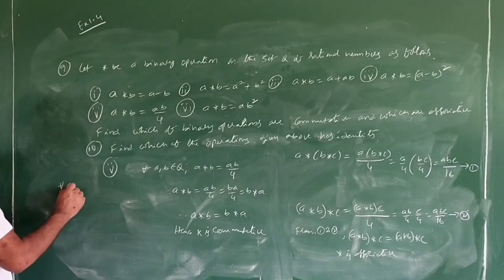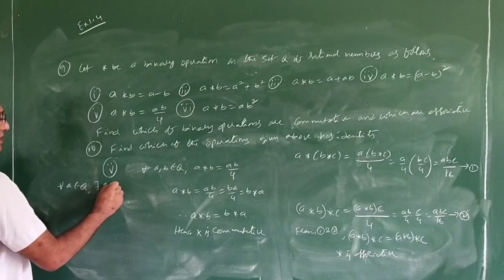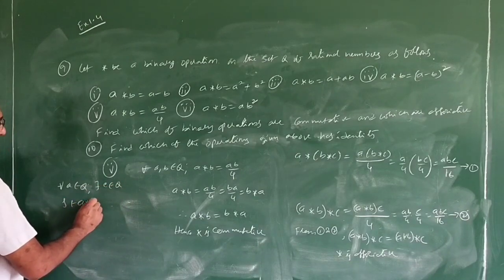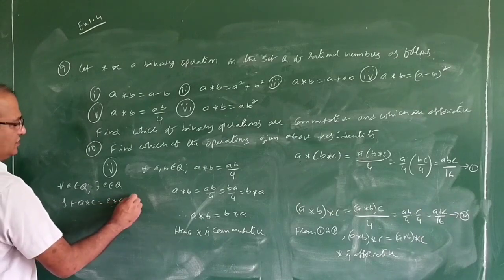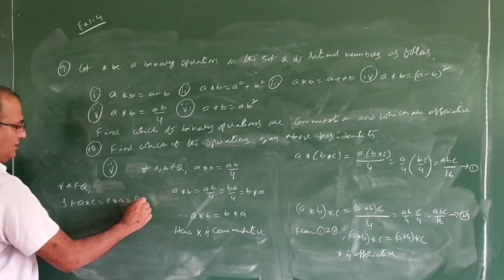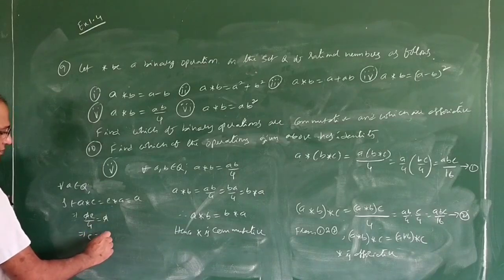For all A belongs to Q, there exists E belongs to Q such that A star E, E star A is equal to A. We have to check E. Now AE by 4 is equal to A, E is equal to 4 in this case.